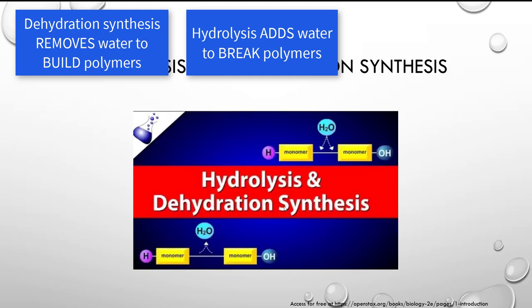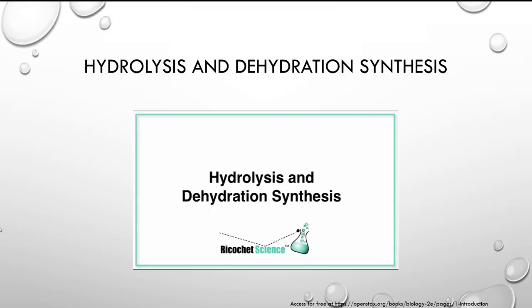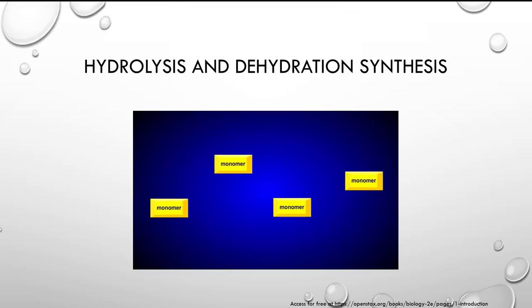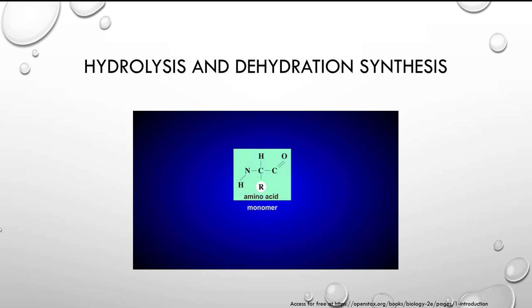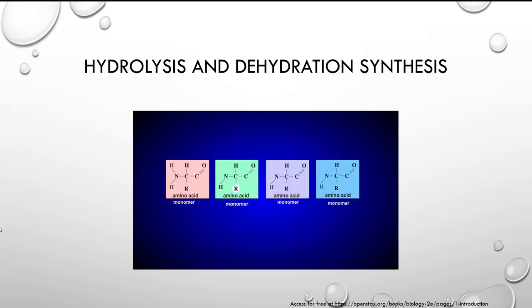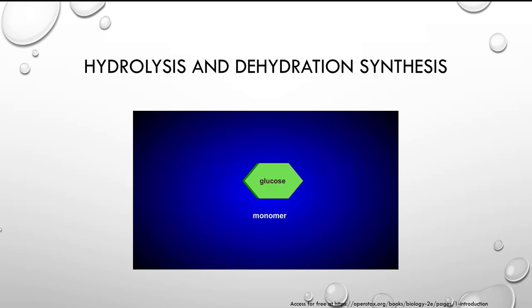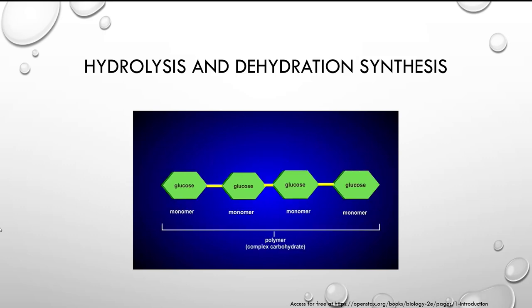So here's a video to kind of help us understand things. Many important biological molecules are made of repeating subunits, called monomers. When many monomers join, the result is a polymer. For example, amino acid monomers join to form a protein polymer, and glucose monomers combine to form a complex carbohydrate polymer.